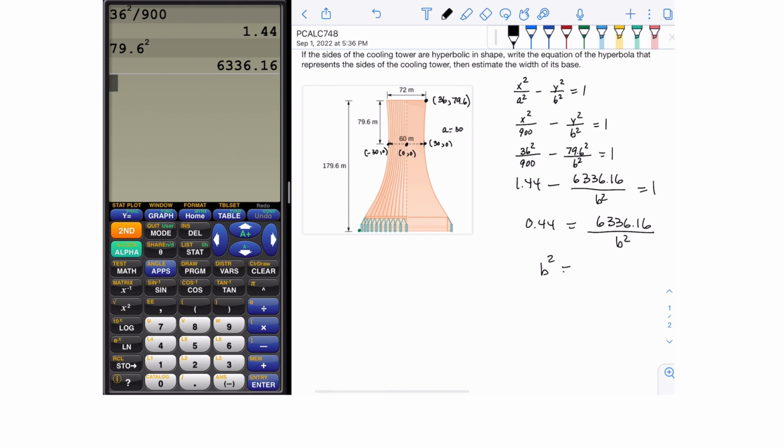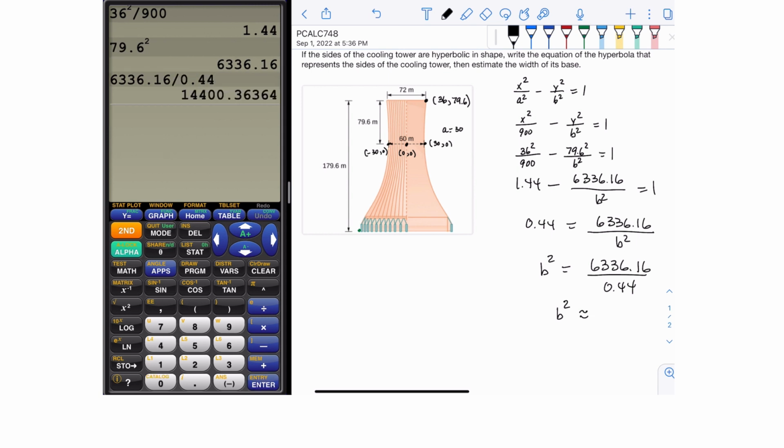We have b squared equals 6336.16 divided by 0.44. We do get an elongated decimal there.